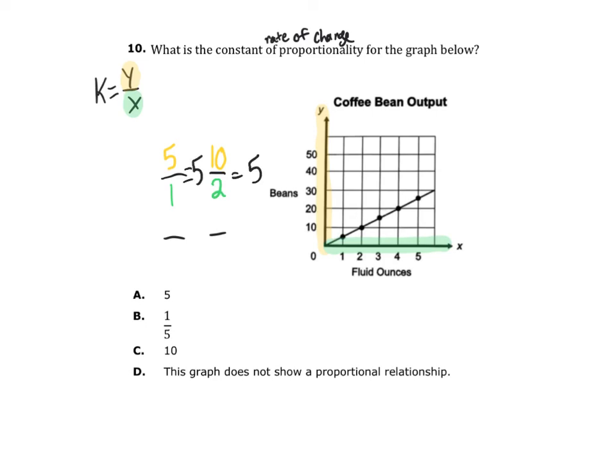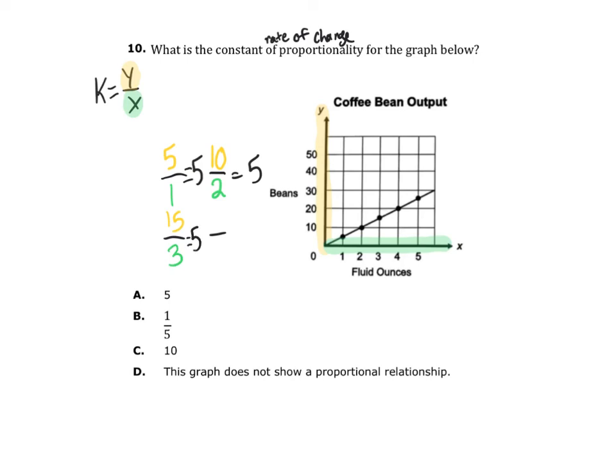Let's continue on just to make sure we are correct. Next one is halfway in between 20 and 10 for y. That's 15. And the x that correlates to that is 3. We go straight down to 3. When we reduce that, it is also 5.